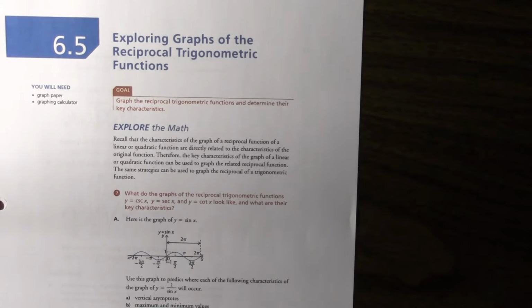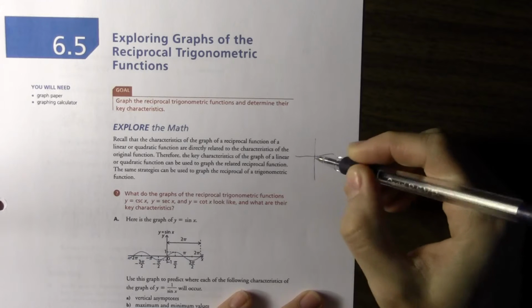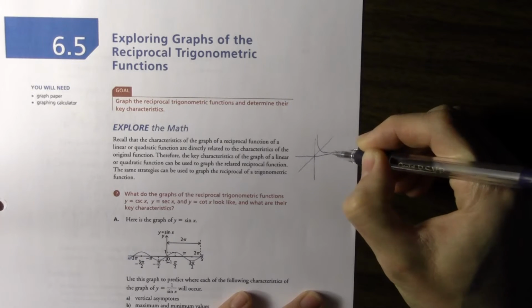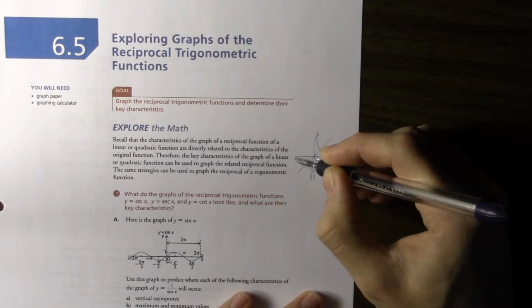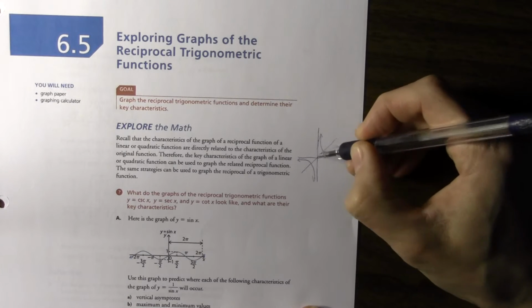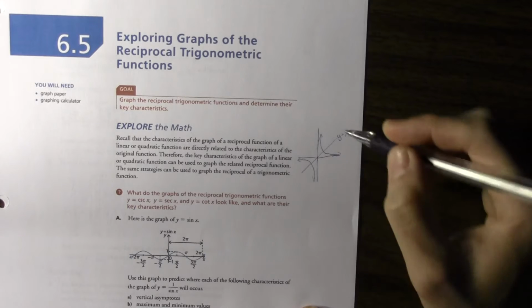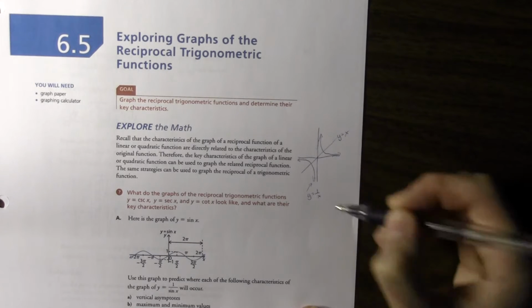Does anybody remember? When we did this lesson originally, we looked at these two graphs. Does anybody remember what the original graph, y equals x, tells us about the reciprocal graph, y equals 1 over x?